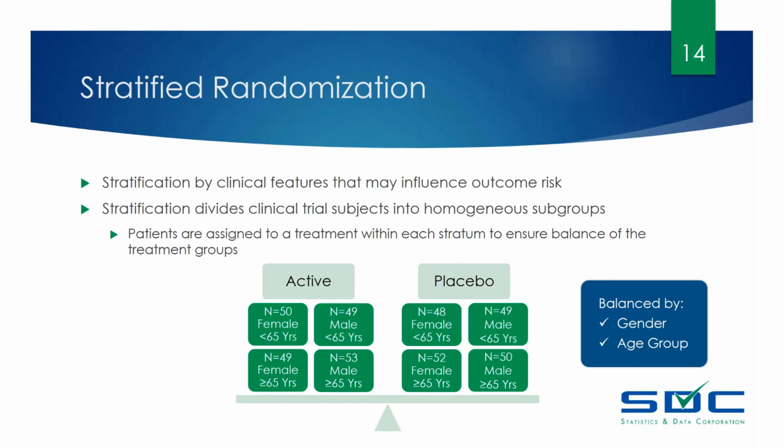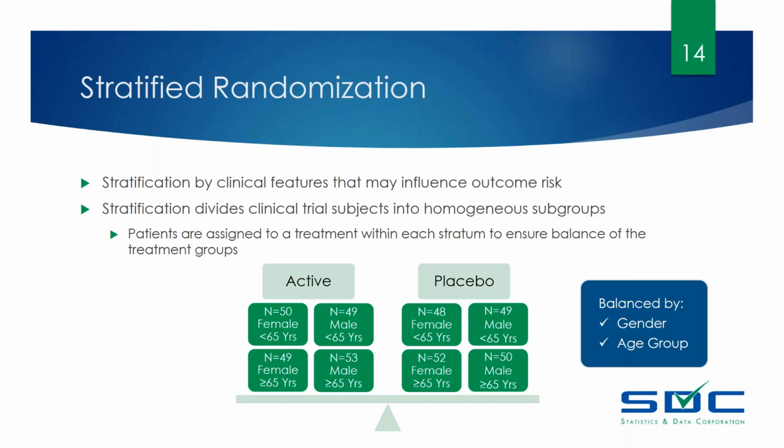In the example on the screen, there are 50 females less than 65 years of age in the active treatment group and 48 females less than 65 years of age in the placebo treatment group. You'll see those numbers in the top left green box under each treatment shown on the screen.